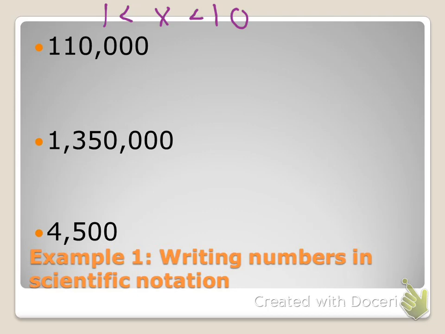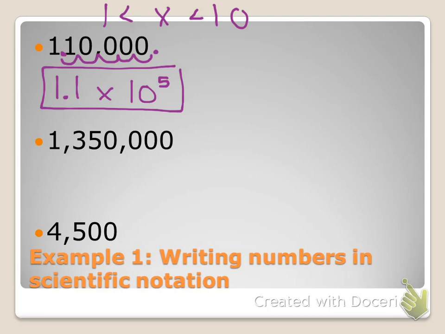And in 110,000, it's going to be between the ones, okay, 1.1. So I would write that 1.1 times 10, and now I count how many places I had to move my decimal to get to that new number. And I moved it 1, 2, 3, 4, 5 decimal places, and that will be my exponent.